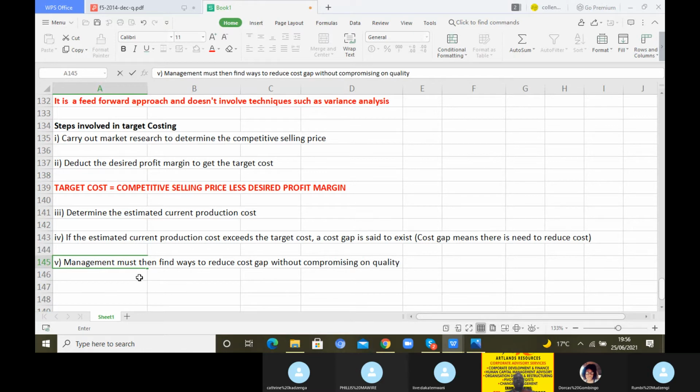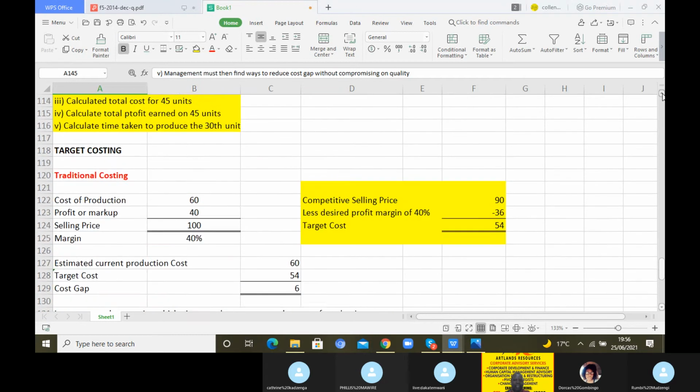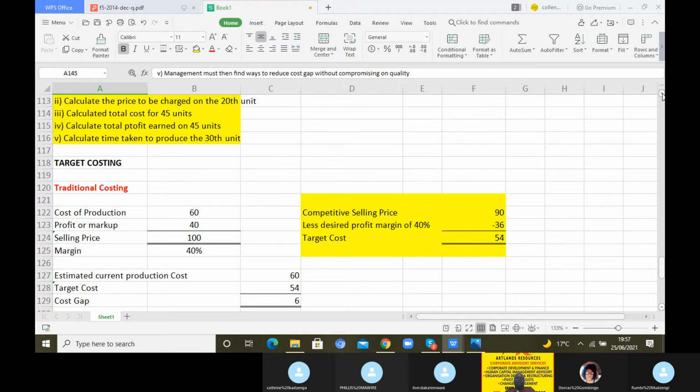You have to know that you now have to reduce the cost gap without compromising on quality. This is so important. Your cake, you are currently producing the cake at 60. You now have to produce the cake at 54, but without compromising on quality.